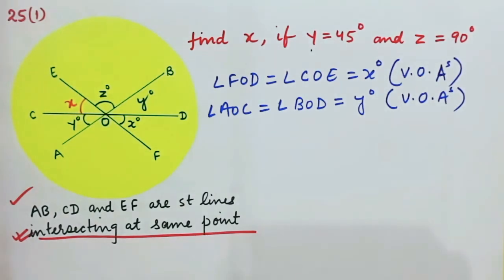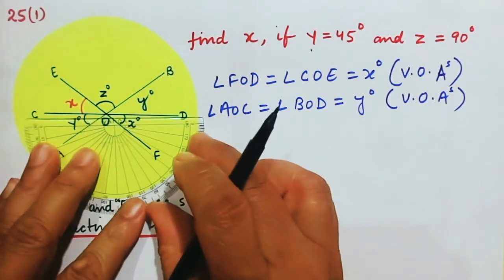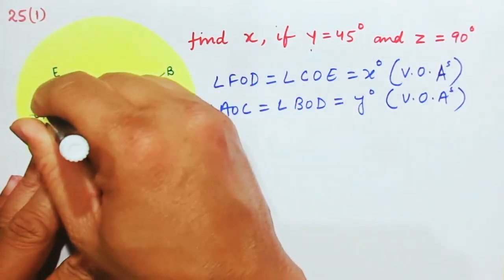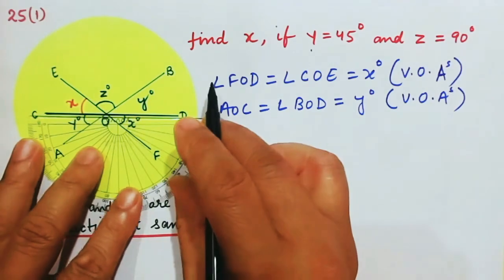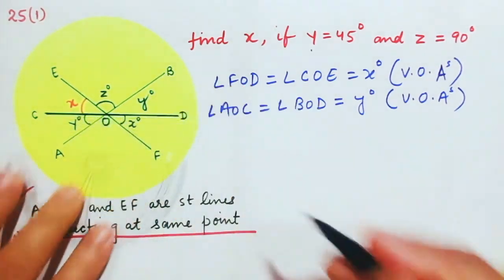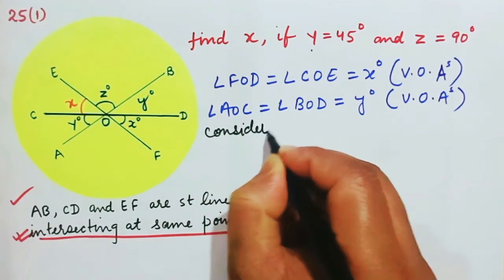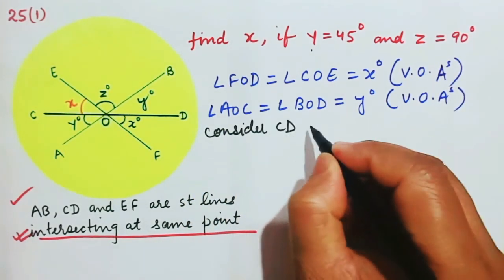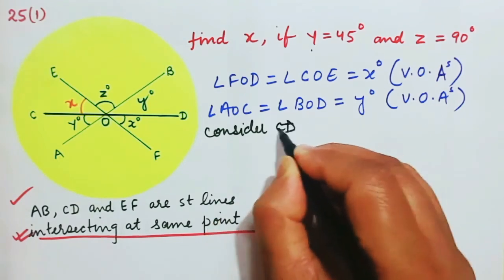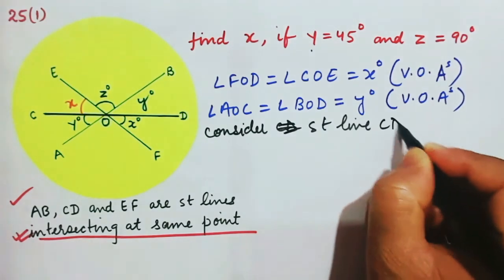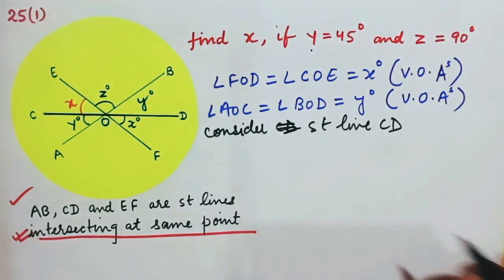So what I find is that if I consider CD as a straight line, consider straight line CD. I will not mention it as a straight line because CD is already a straight line. So consider straight line CD.